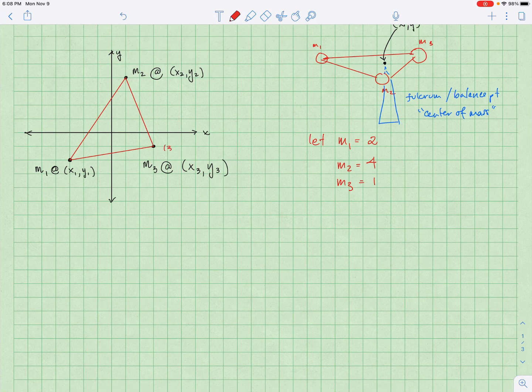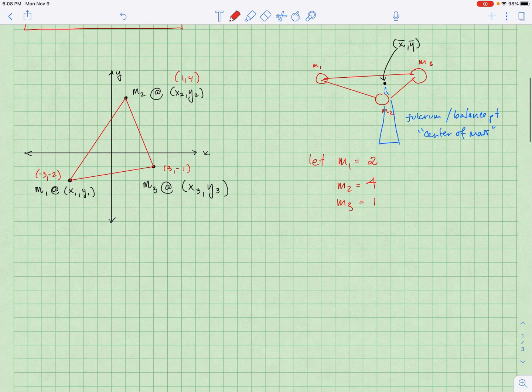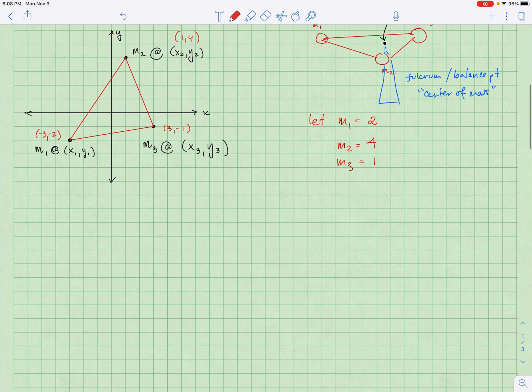Let's call this 3, -1, and this will be -3, -2, and it looks like this is 1, 4. So let's see if we can't use this formula to sort of eyeball where we think the center of mass in this region is. Where's the balancing point?